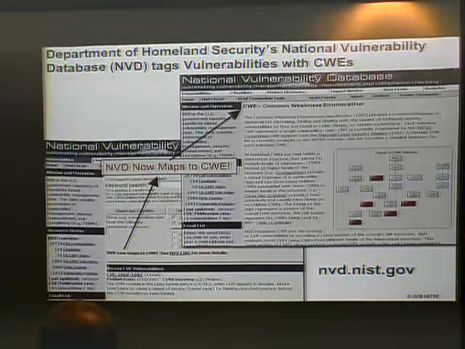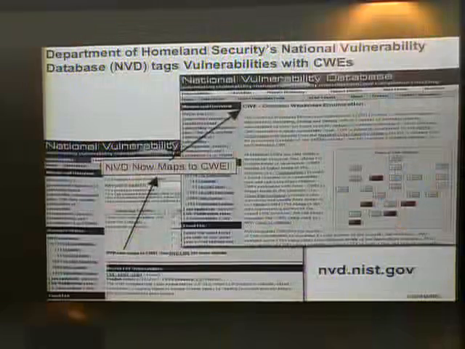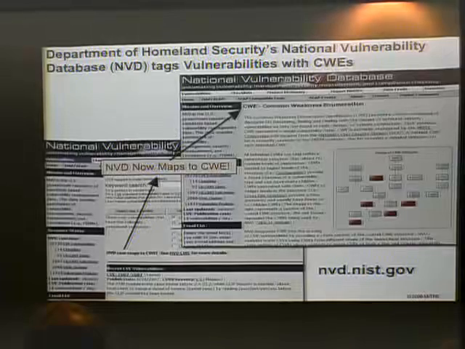Now, CWEs can go way down into real detail, and when you're reading an advisory, you don't have that kind of detail. So we worked with them to identify about 18 fairly high-level concepts, where it's reasonable to expect that when you read an advisory, you would know enough to pick one of those 18.